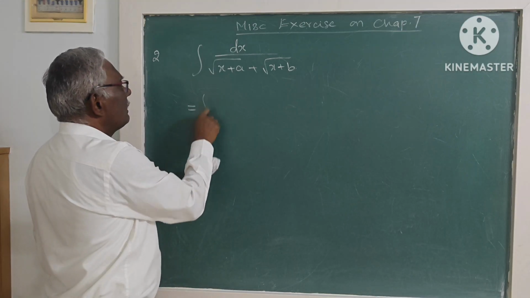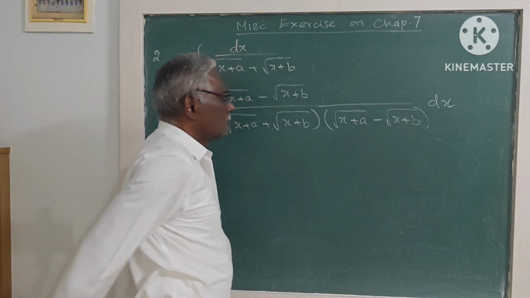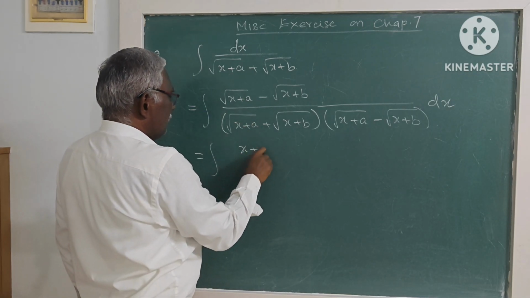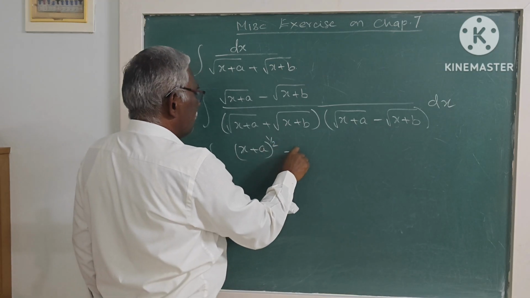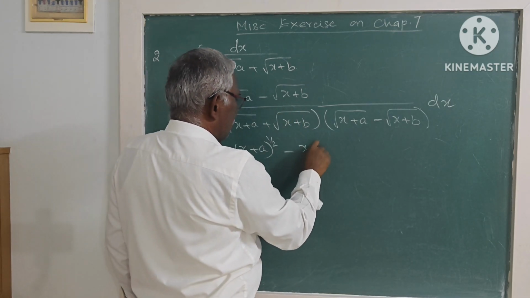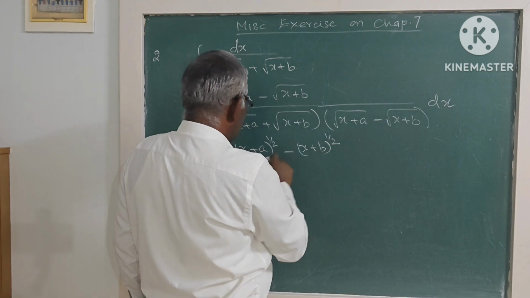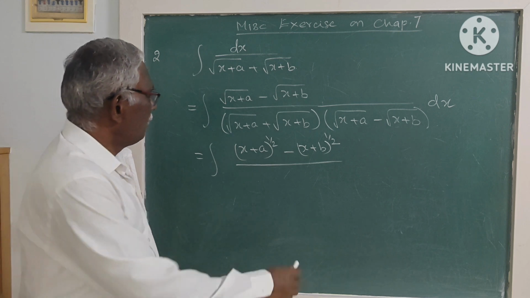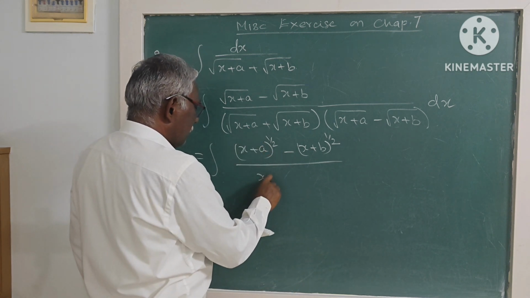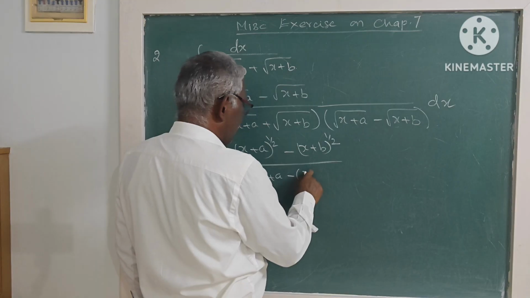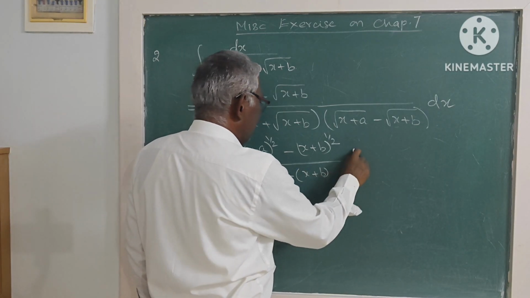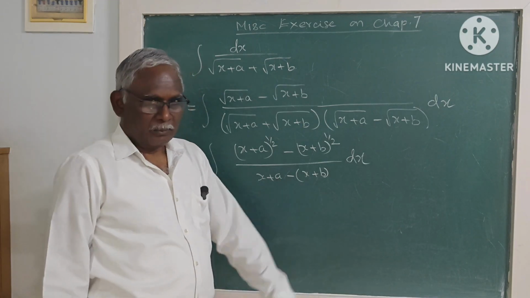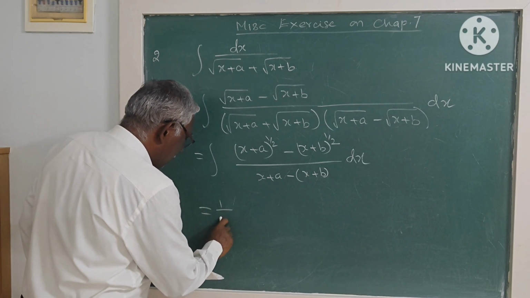So this equals the integral of (x plus a) power half minus (x plus b) power half, with denominator (a plus b) into (a minus b), so a square minus b square. In the numerator, x plus a minus x plus b, so x minus x, we get a minus b. That a minus b we can take outside.